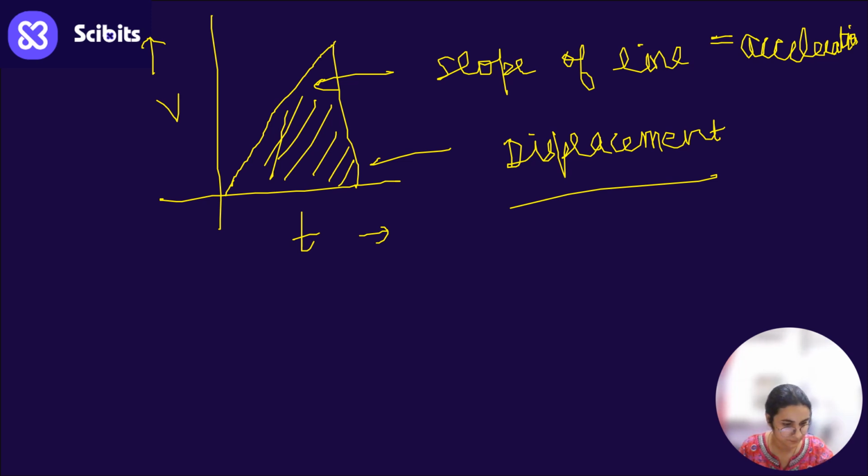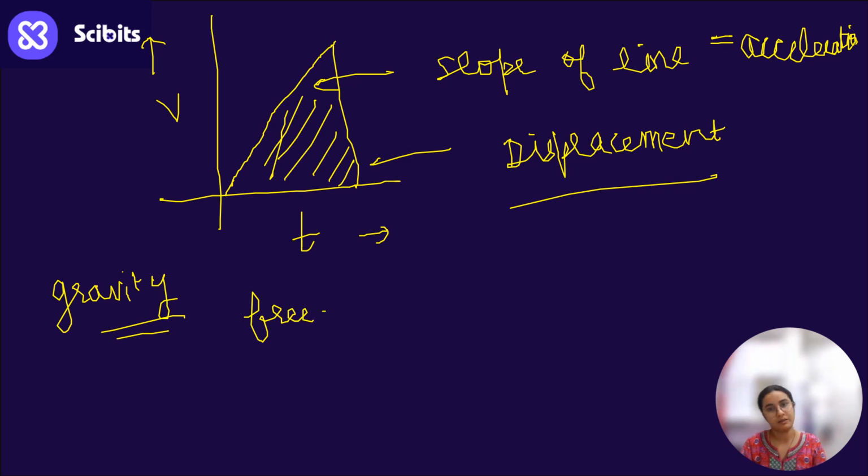Great. Now there are a few more important results about gravity, like motion of an object under gravity, or what we also call free fall. Let's say there is a building. I dropped a ball downwards from the building.